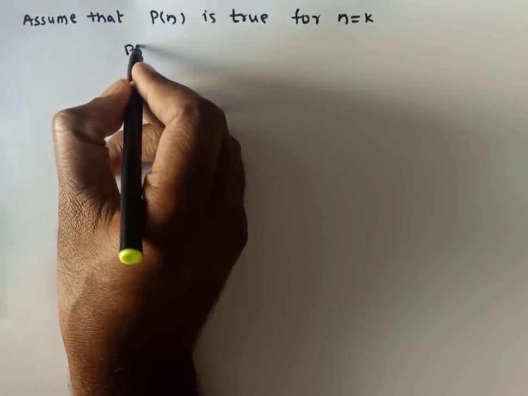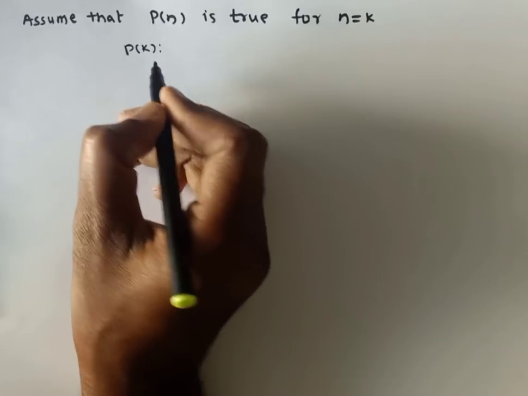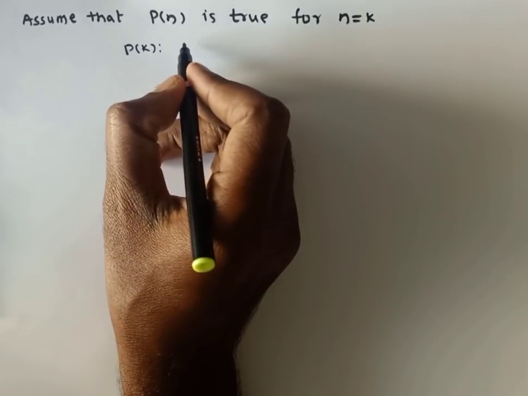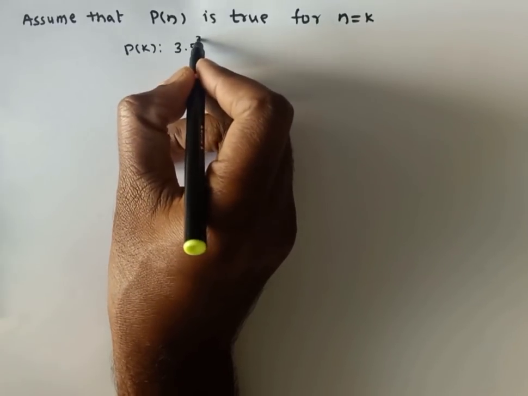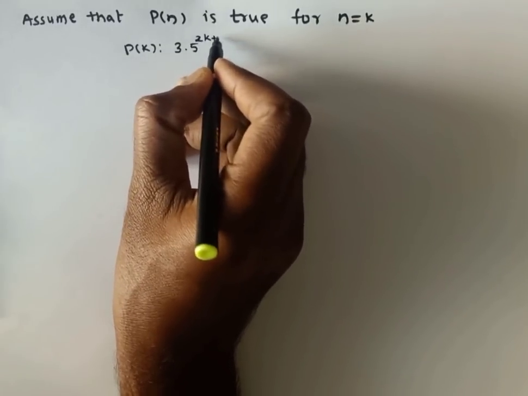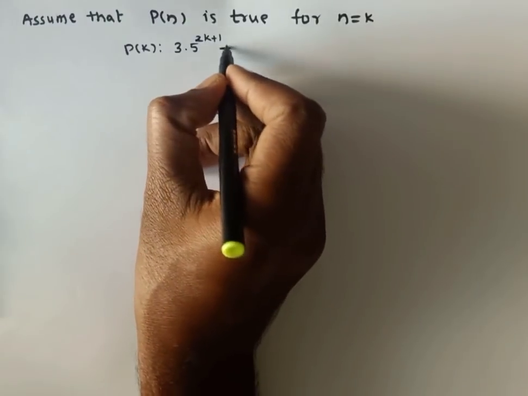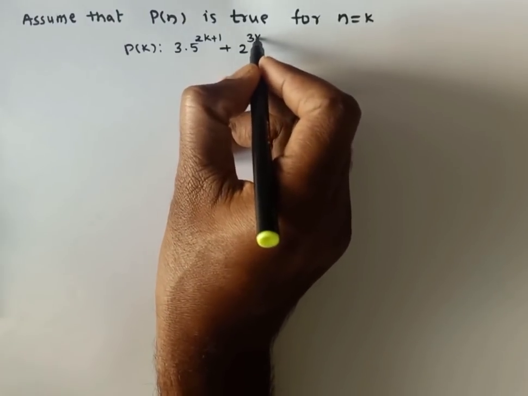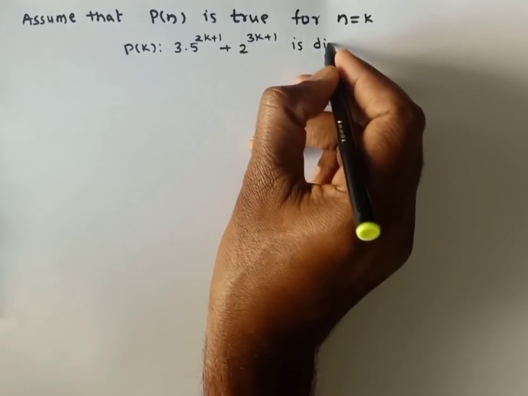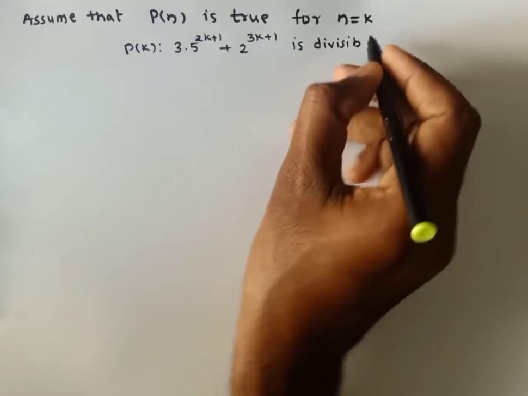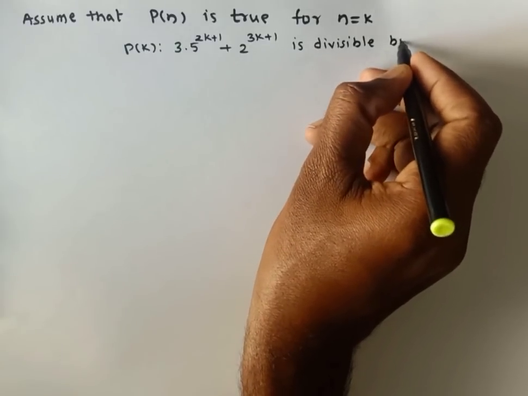Now the given statement P(n) becomes P(k). What is P(n)? It is 3 into 5 to the power of 2k plus 1, plus 2 to the power of 3k plus 1, is divisible by 17.